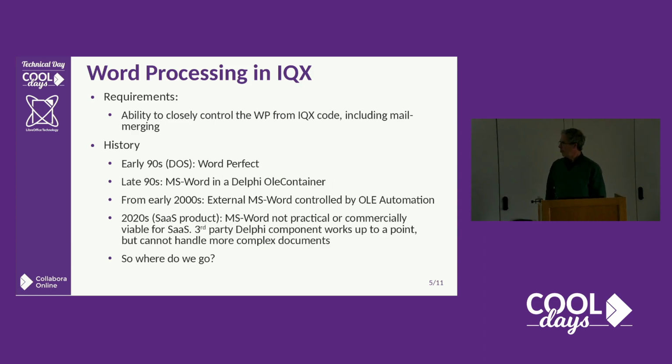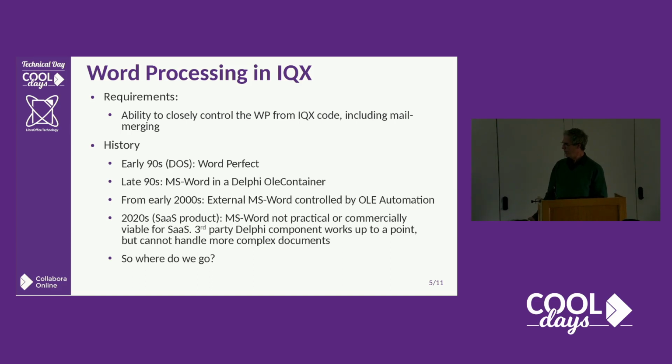But when 3 years ago we started developing the SaaS product, it was perfectly clear that Word was not a practical solution for that, because it wasn't commercial. We needed to be able to charge users so much a month that they could afford. So we needed something else, and we started off with a rather simplistic third-party component. But it's not been particularly well received.